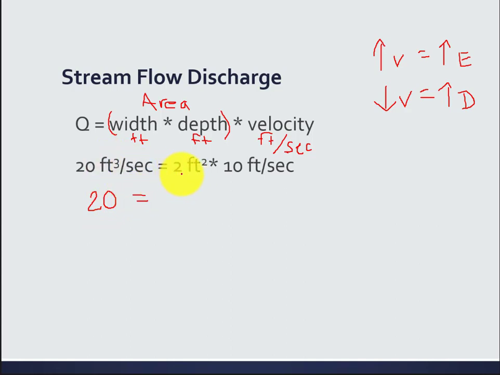But instead of having an area of 2, the area goes up. So the area gets larger. What's going to happen to the velocity? It has to go down.